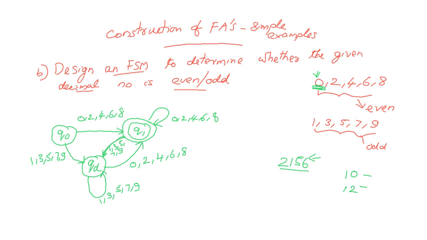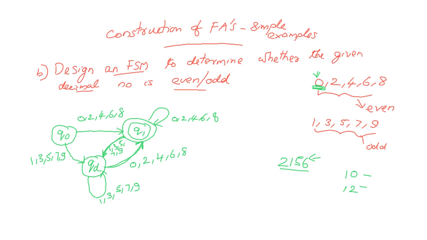And from there, if you're getting an even number again, then you can make the transition that is already drawn here. So if you're getting 0, 2, 4, 6, 8, then you're going back to your Q1. Okay, so this is how we can define the FSM to determine whether the decimal number is even or odd.